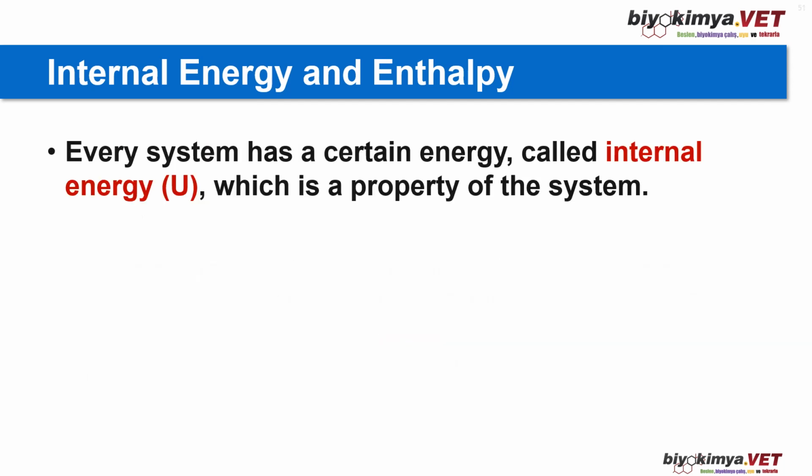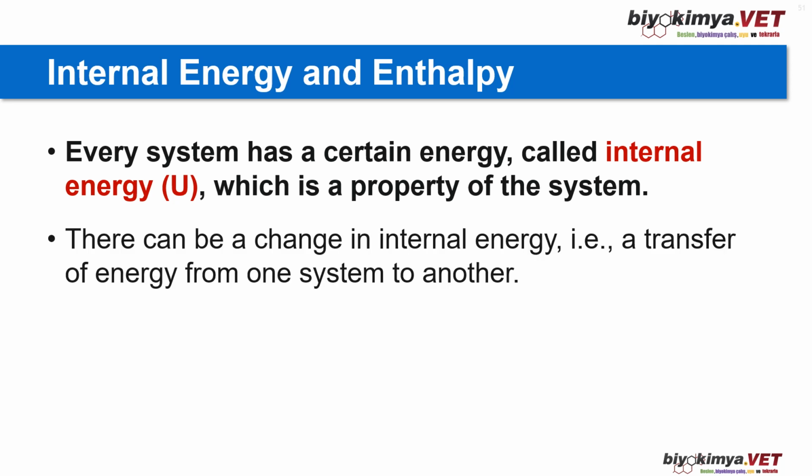Every system has a certain energy called internal energy, which is a property of the system. There can be change in internal energy, such as a transfer of energy from one system to another.